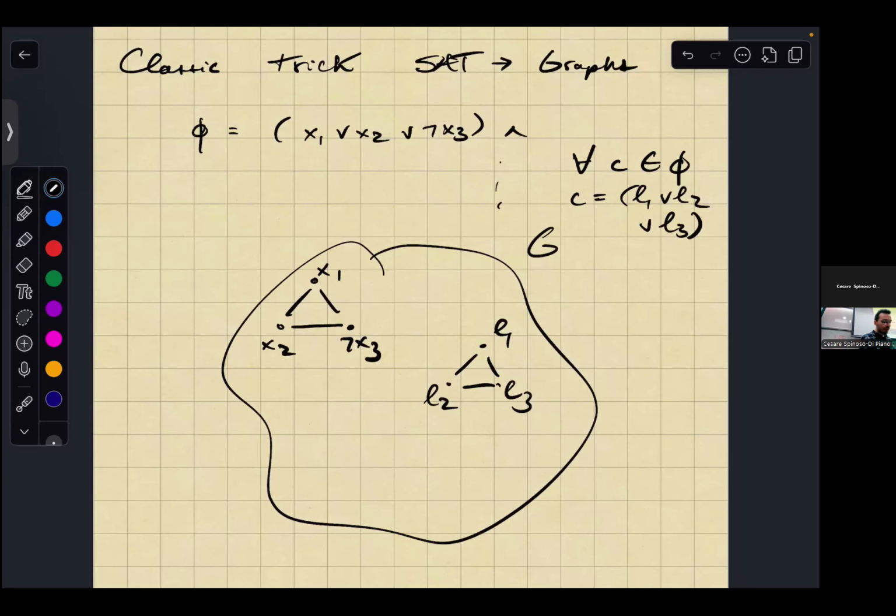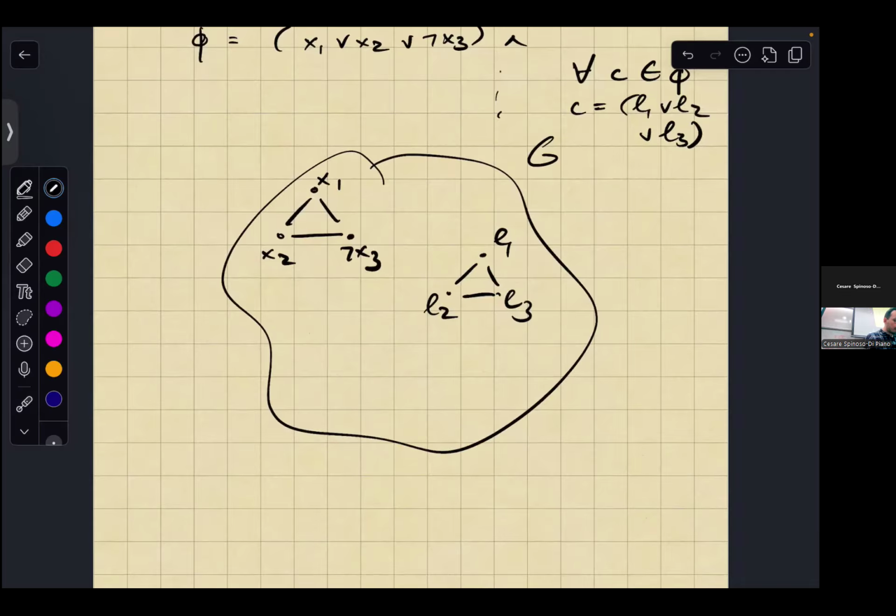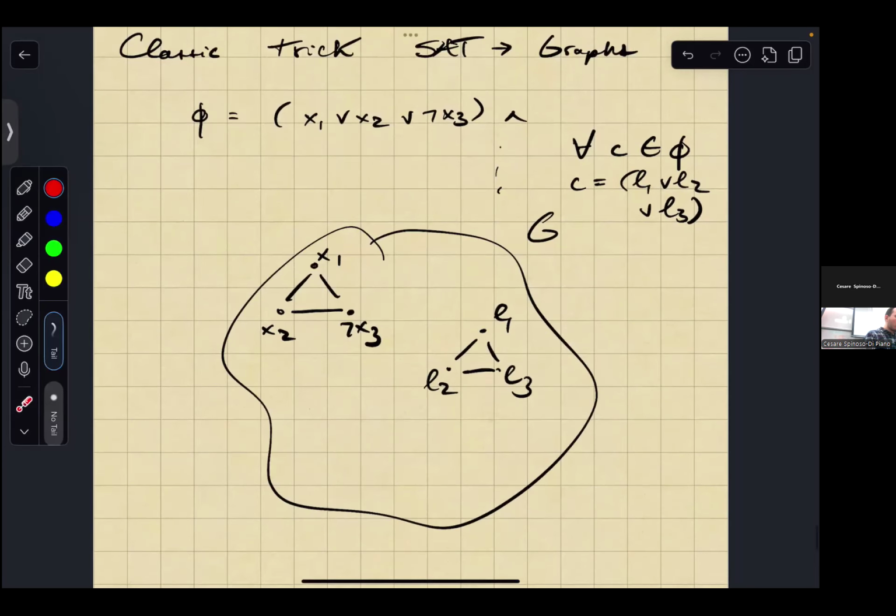So I have my graph G, and this construction, just to get it out of the way, is also going to be polynomial, because for every clause in phi, I'm just adding a 3-clique. So that's linear in the number of clauses I have. It's going to be linear in the size of phi, where the size of phi is the number of clauses.